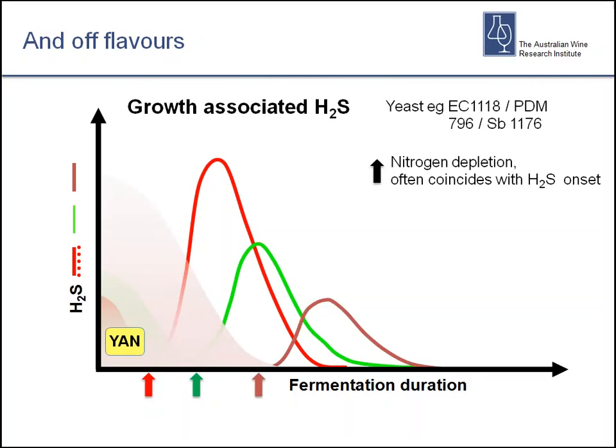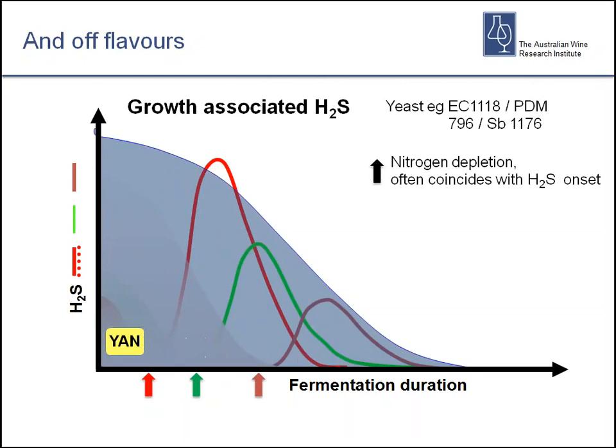The mechanism by which DAP reduces H2S production is via facilitation of amino acid production. H2S is produced as an intermediate in the production of sulfur-containing amino acids. When there is sufficient nitrogen to permit their production, accumulation of H2S is inhibited, so any H2S being produced is immediately used in the production of those amino acids.